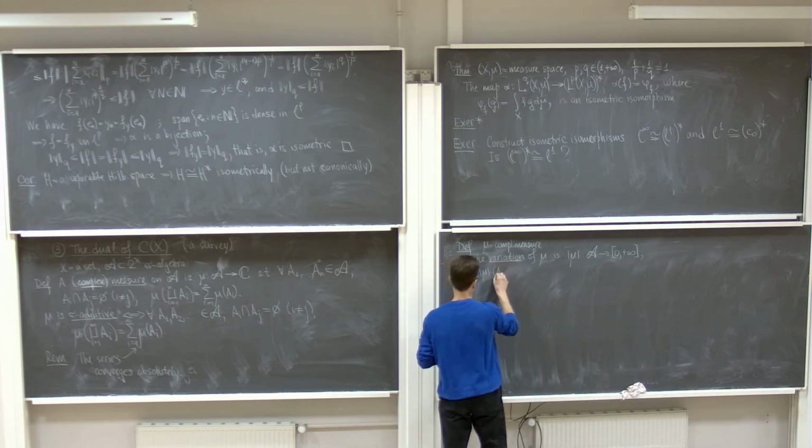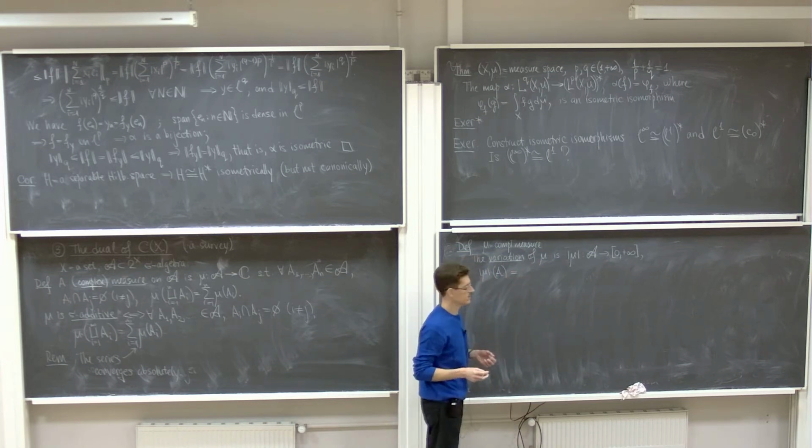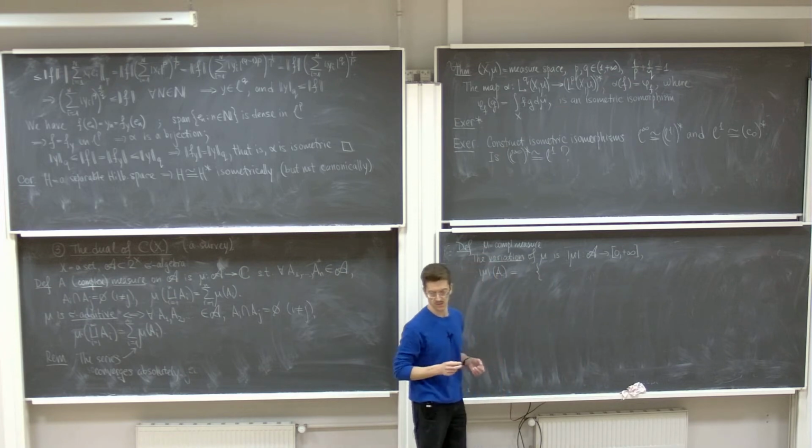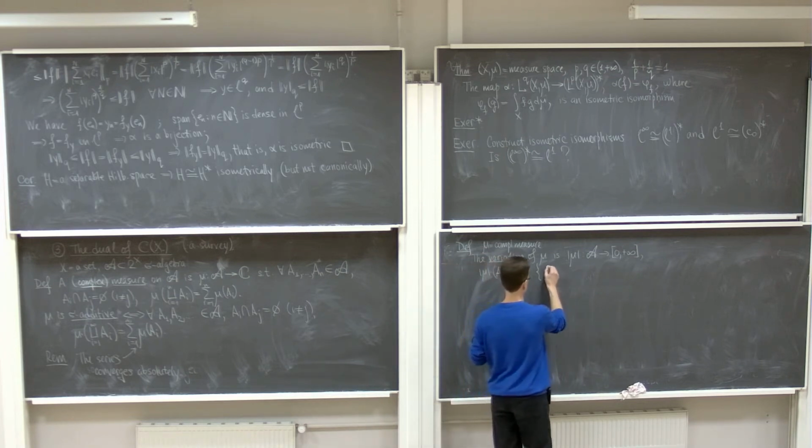If A is a set in our sigma algebra, we consider all partitions of A into finitely many disjoint sets.